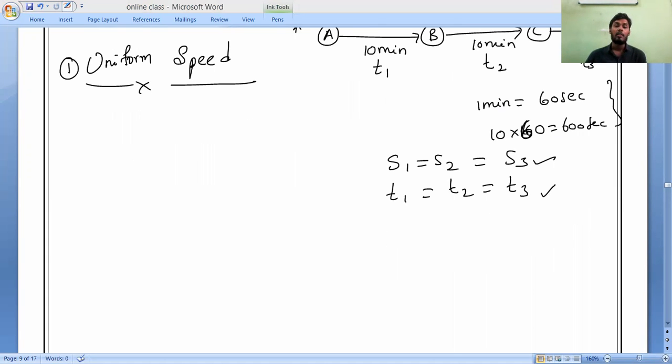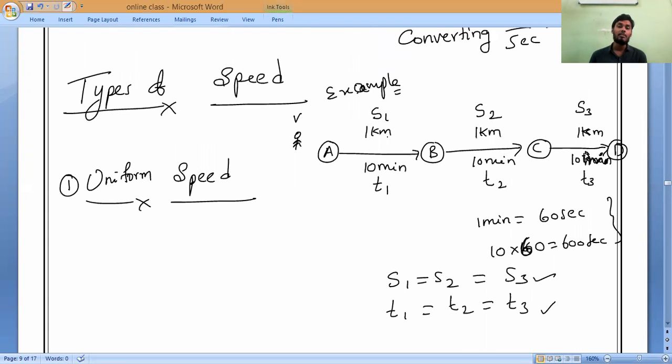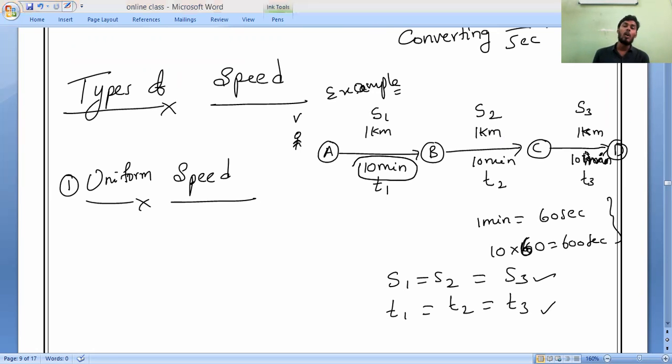But keep it in mind, the size of the time interval is not a parameter. Even for a small interval, if it is the same, then it is called uniform speed only. Even for small intervals, it is moving with a uniform speed. Clear, everybody? Please respond.